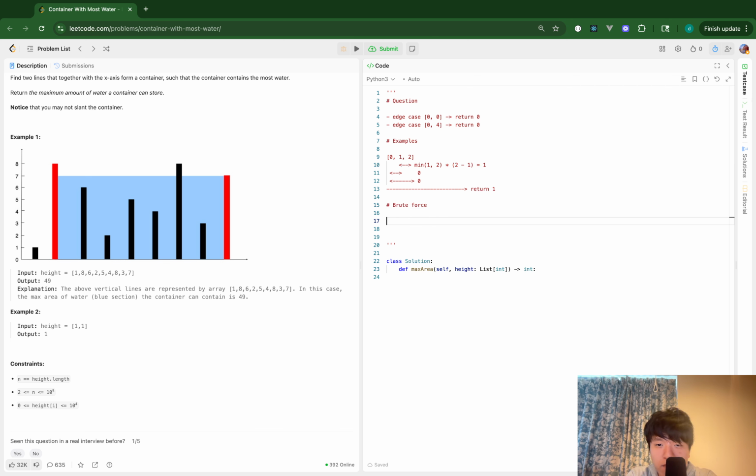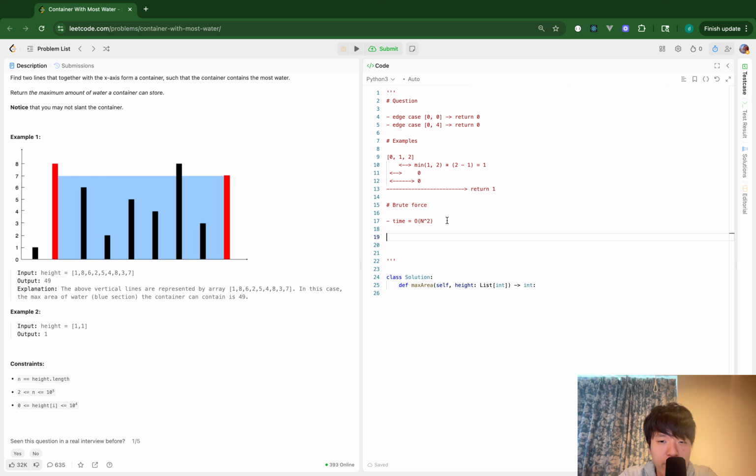The time complexity of this approach should be O(n squared), assuming there are n bars, because the number of combinations of two bars is of order n squared. Once I choose two bars, the amount of water can be calculated in constant time. So that's the brute force approach.